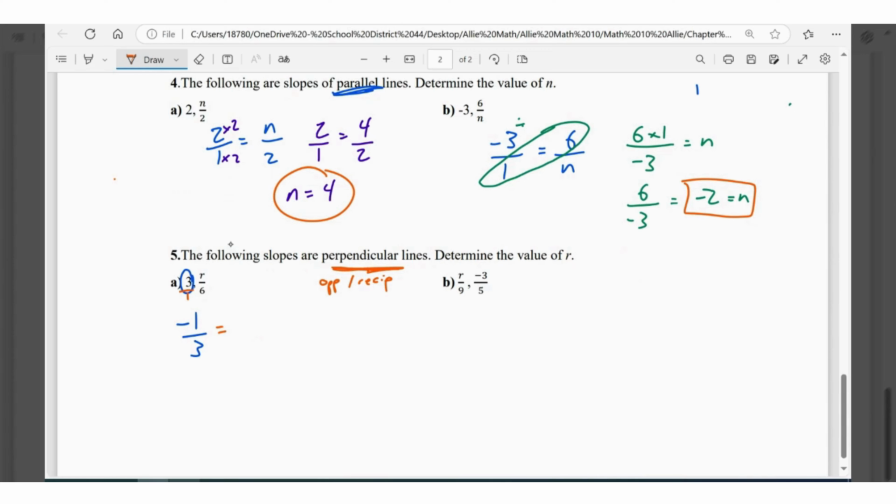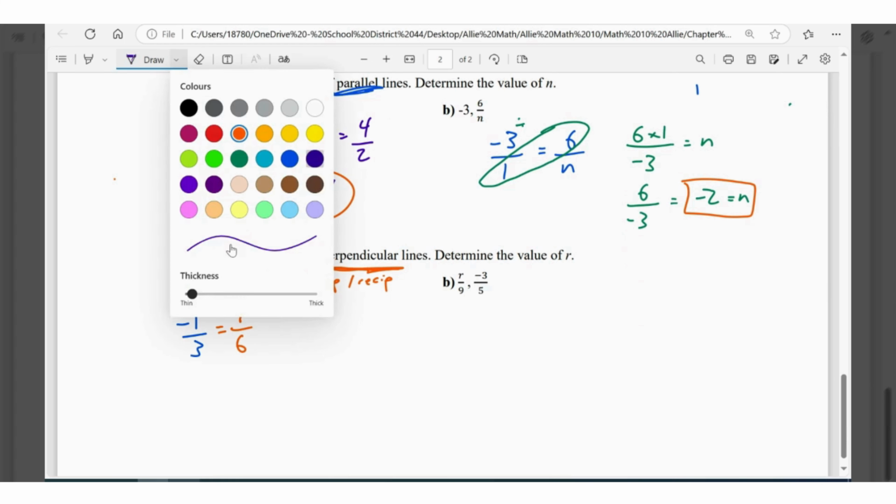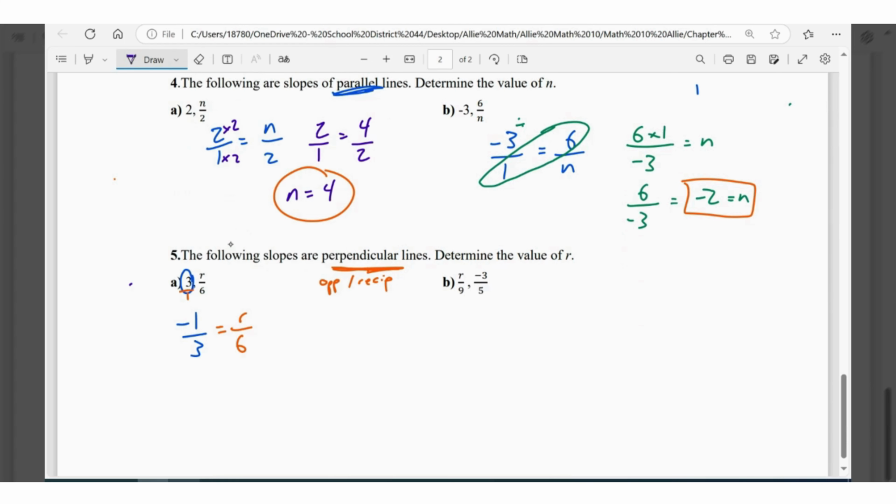That is going to equal r over 6. So we've got to flip that first and make it negative. And now this might be a good time to ask yourselves, what do I need to do to 3 to make it into a 6? I got to times it by 2. Let's do the same to the top. So, negative 2 over 6 equals negative 1 over 3. And so therefore r equals negative 2.